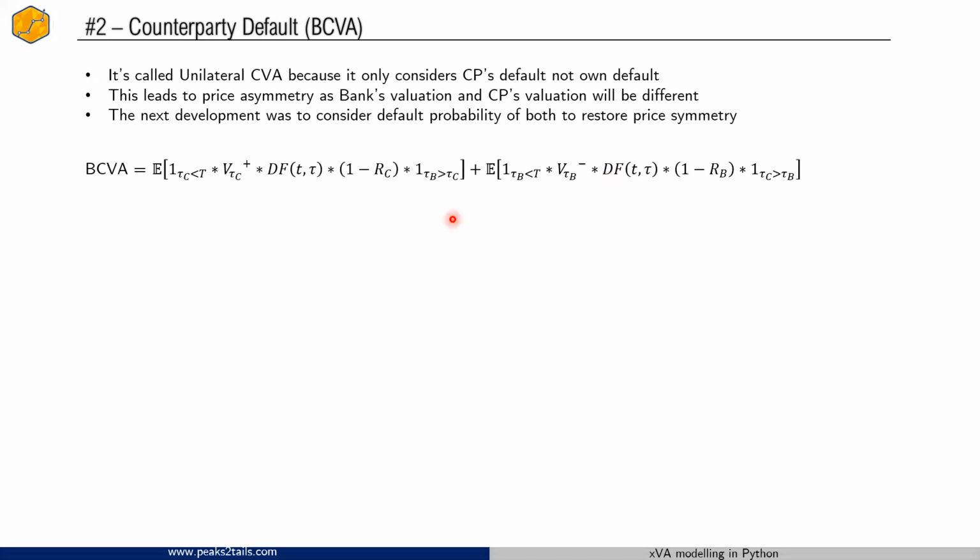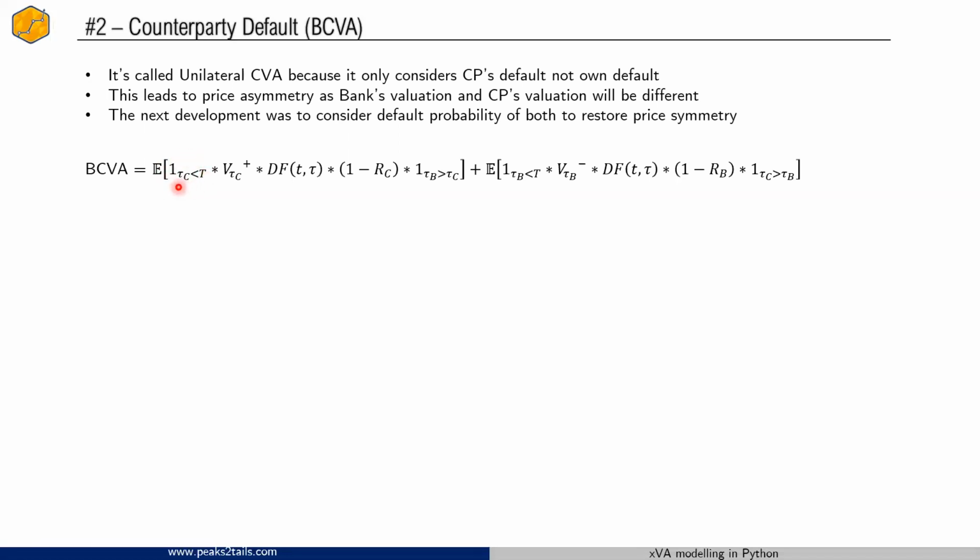Now, don't worry, there is just a tiny adjustment. If you see in the bilateral CVA, explicitly I'm calling out, the first term remains the same till this point. Tau C is the default time of the counterparty.